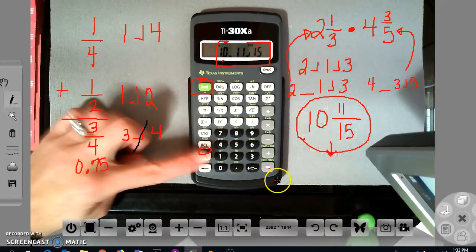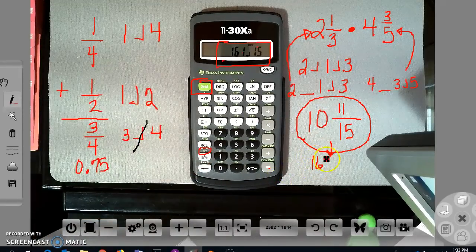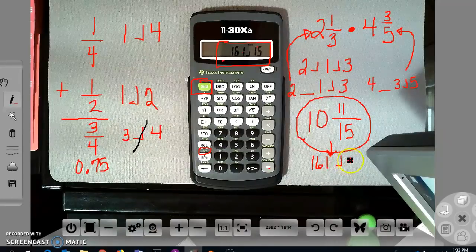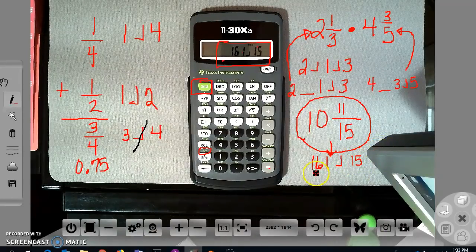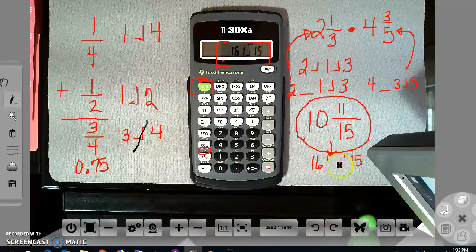So you're going to press your fraction button, and you will get 161 over 15.